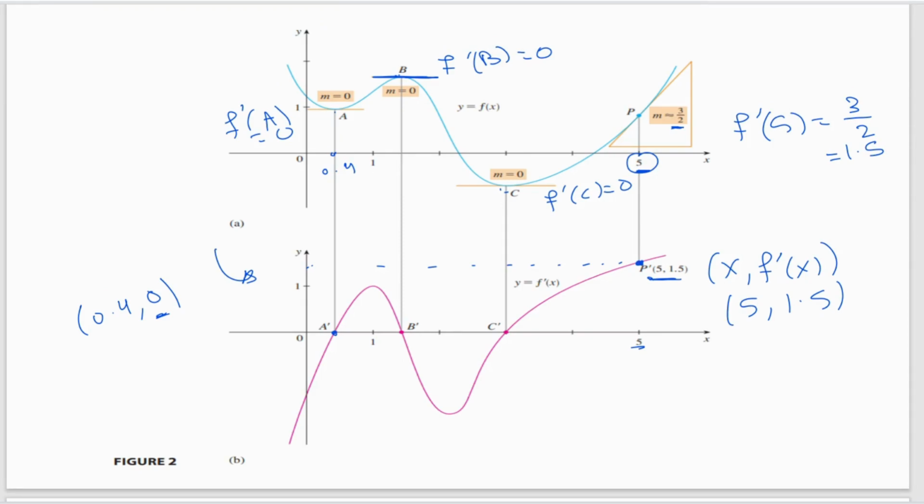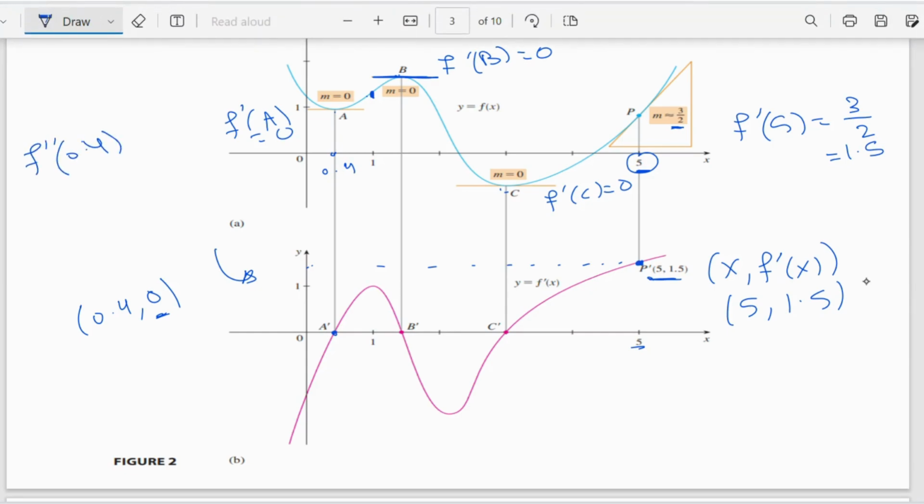Okay, what about the points between A and B, and between B and C? We can see between A and B, the tangents at all these points have a positive slope. So the derivative of the function is positive there. And we can see here that this is the point where the concavity changes, which means the second derivative will equal 0 at that point.